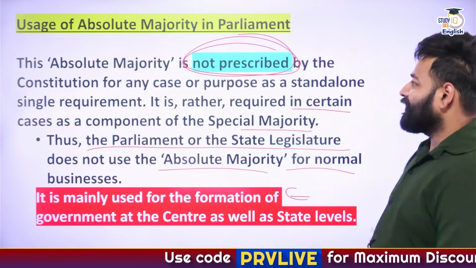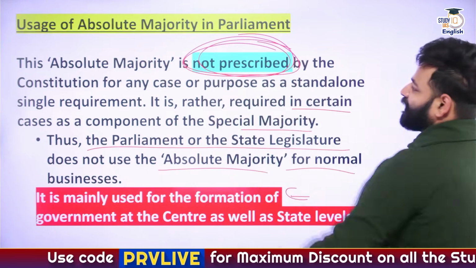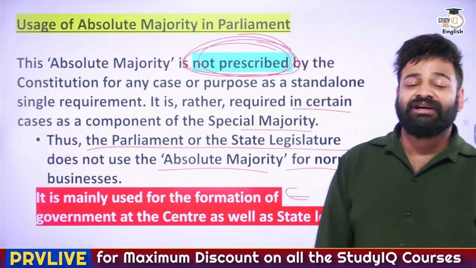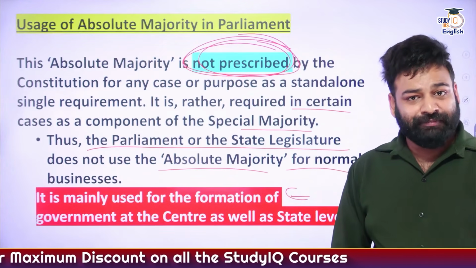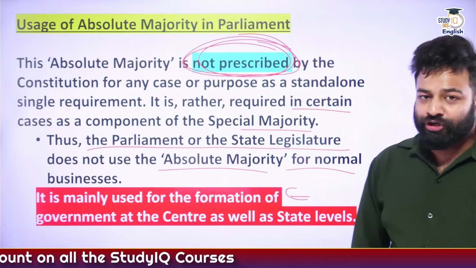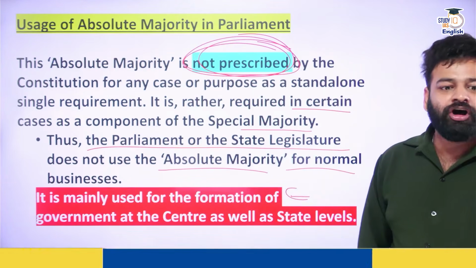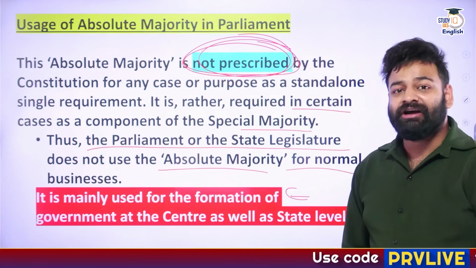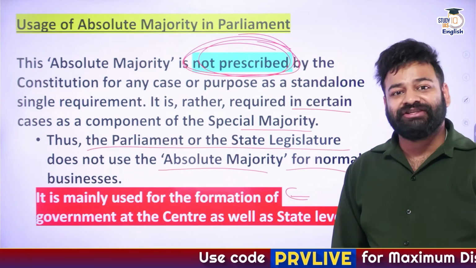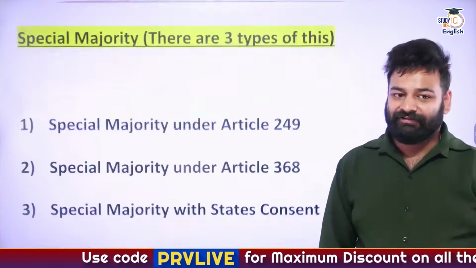Remember, it is not prescribed by the Constitution as a standalone requirement, and it is not used by Parliament or state legislatures for normal business. It is used for the creation of the government at the central and state levels.